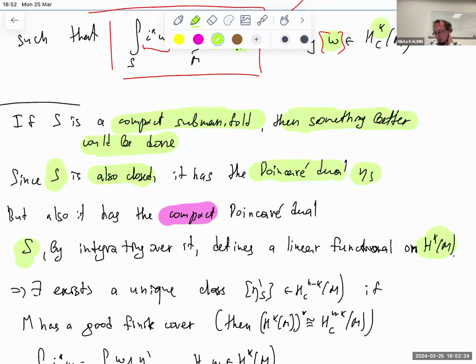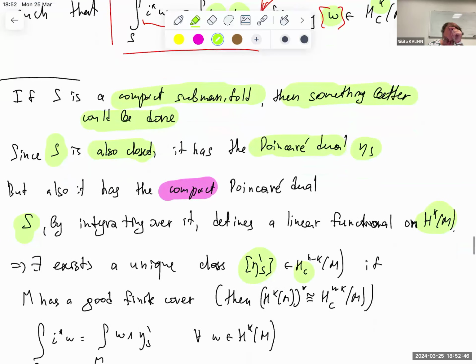Before we had to take the compact cohomology, but now we can take just the usual de Rham cohomology of M, and if M is not compact, then it's something different. And again, just by duality, there exists a unique class, which we denote by eta S prime, which now belongs to the cohomology with compact support. And that's all true if M has a good finite cover.